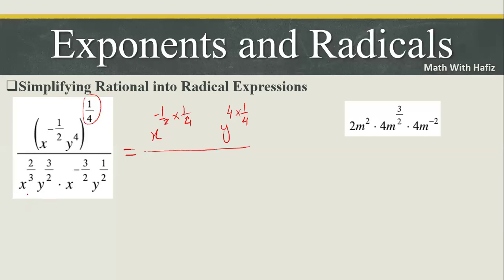Now, in the denominator, to make it easy, check if they are the same variables. If they are the same and in multiplication, you can add their exponents, right? So it will be x to the power of 2 over 3 minus 3 over 2.